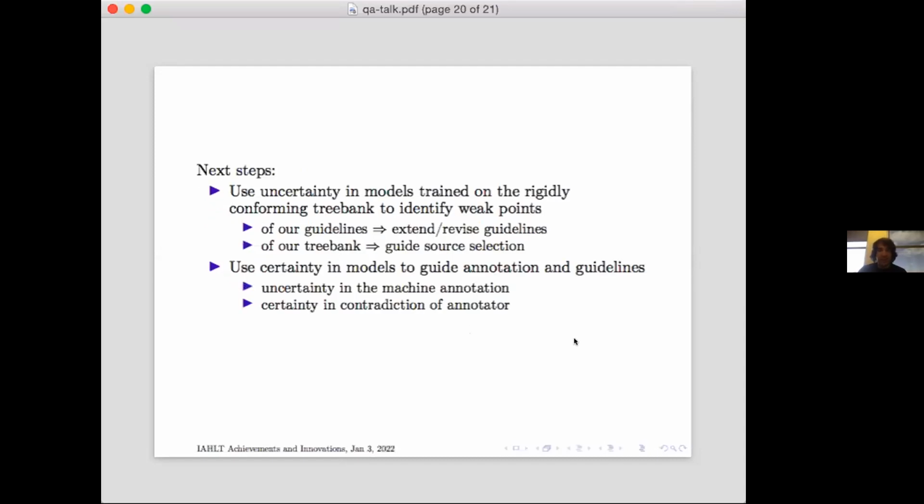So once we have that, we can use that uncertainty in order to identify weak points.